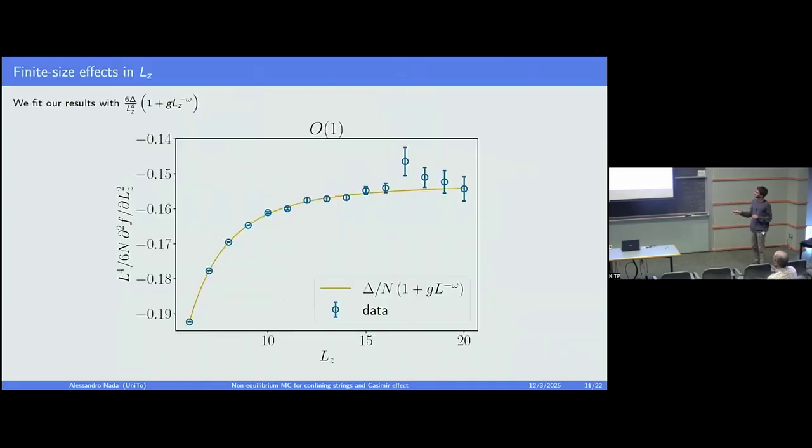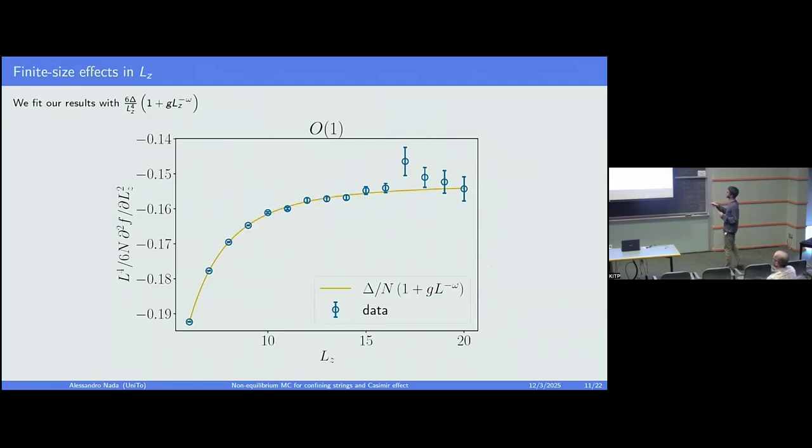And this is the second derivative. So these are all points calculated from different out-of-equilibrium Monte Carlo simulations. This is for O(1), and this is already the finite-size effect. So essentially we have to fit the finite-size effects.